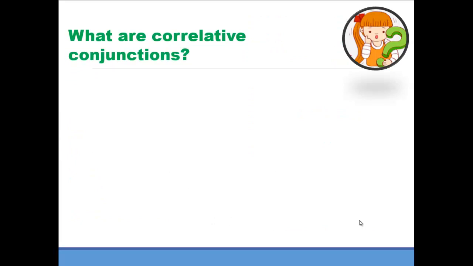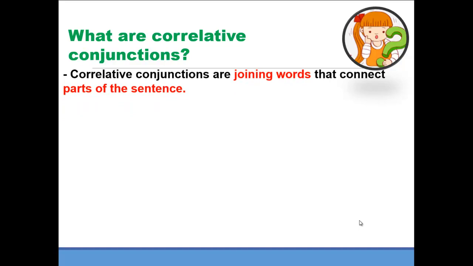Great. So my question is, what are correlative conjunctions? Correlative conjunctions are joining words. They are conjunctions, and we had before the coordinating conjunctions and the subordinating conjunctions. So you already know that conjunctions are joining words.